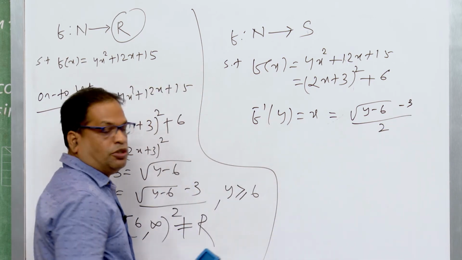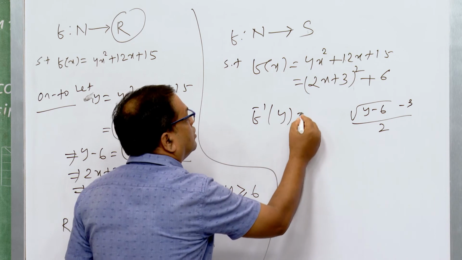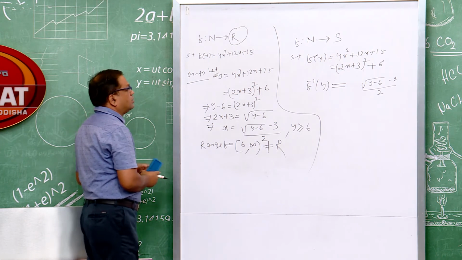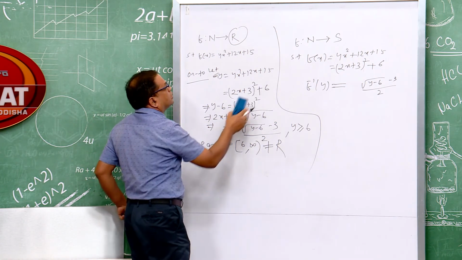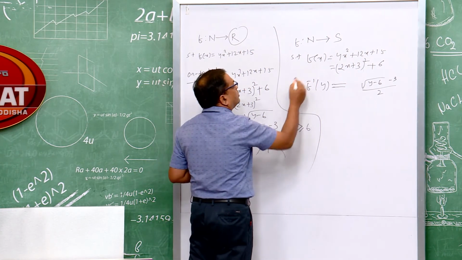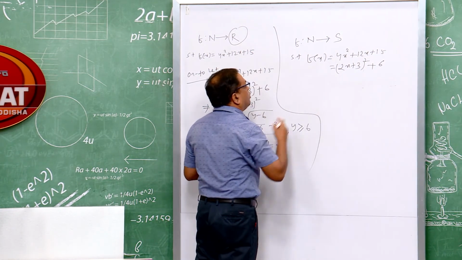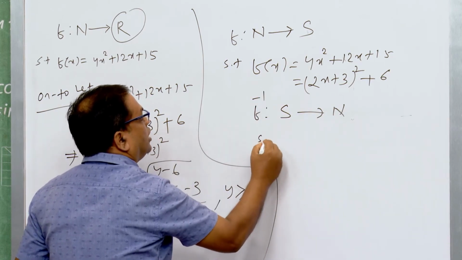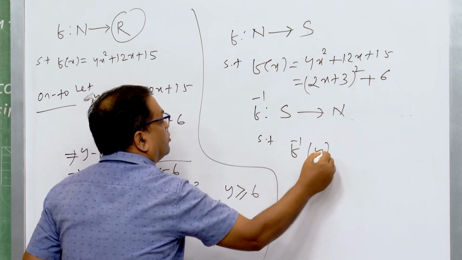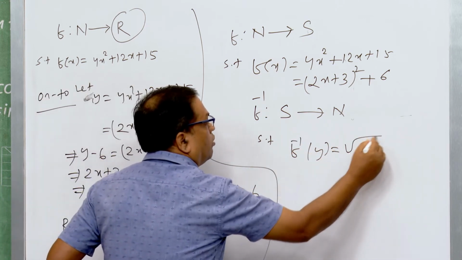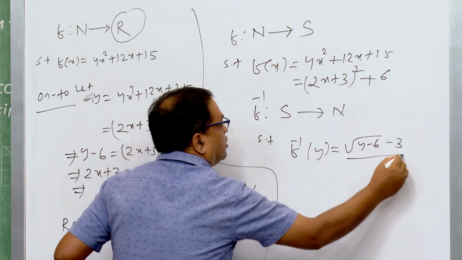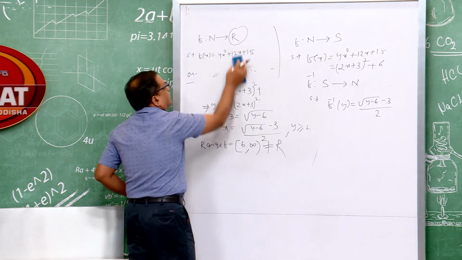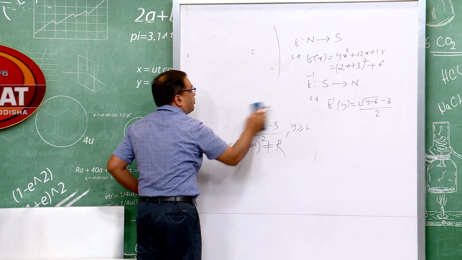That means your f inverse of y will be root over y minus 6 minus 3 by 2. Now for f(x) equal to this, the corresponding inverse function will be from S to N, such that f inverse of y is equal to x, where x is root over y minus 6 minus 3 by 2. So this is f and the corresponding inverse function.